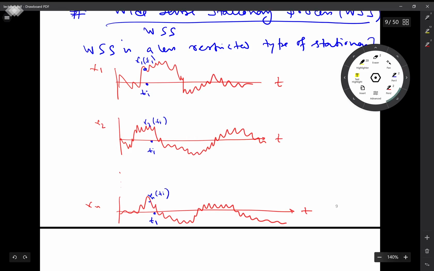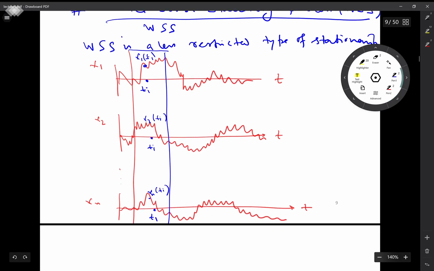Then we take all these values over the ensemble and compute the mean of it. Let's say we get a mean mu x which is independent of time. That means whatever the time, t1 or t2, you get the mean mu x which is independent of time.